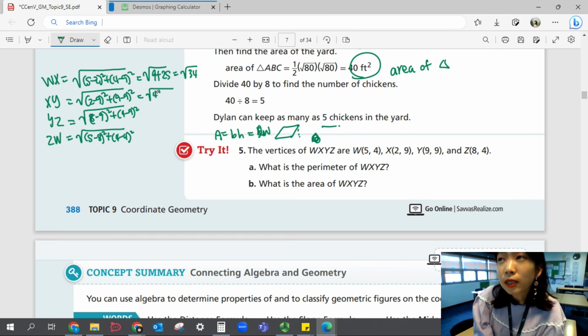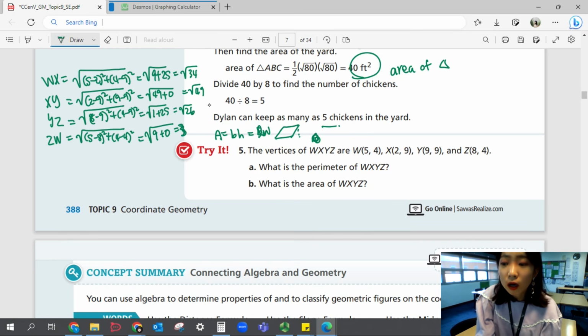Square is 49. 9 minus 9 is 0, so you just add 0. 8 minus 9 is negative 1. Square is 1. 4 minus 9 is equal to negative 5. Square that is 25. So square root 26. Then 5 minus 8, negative 3. Square that, 9. And then you add 0. So square root 49 and square root 9, which is just 3.